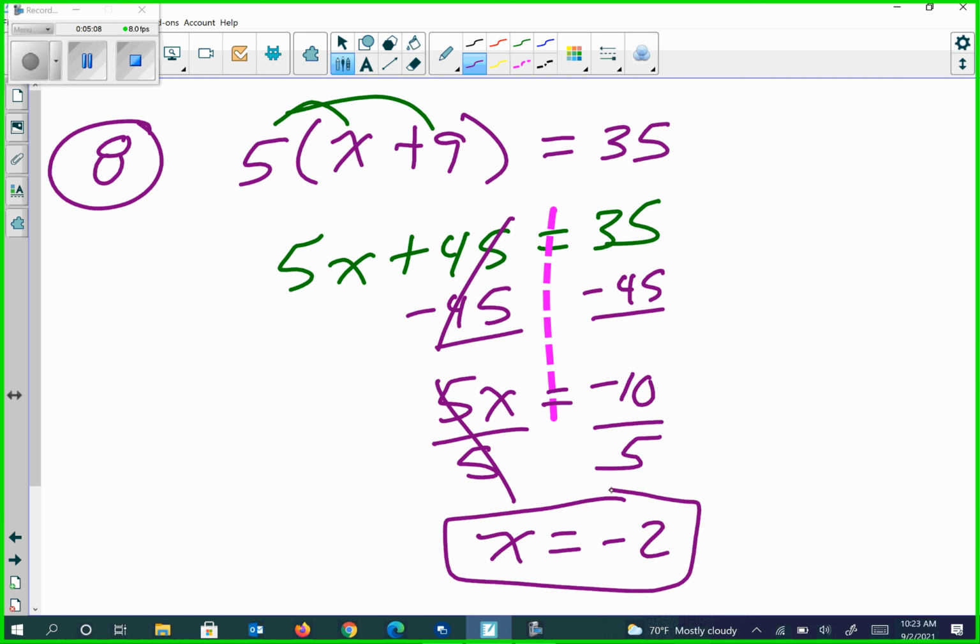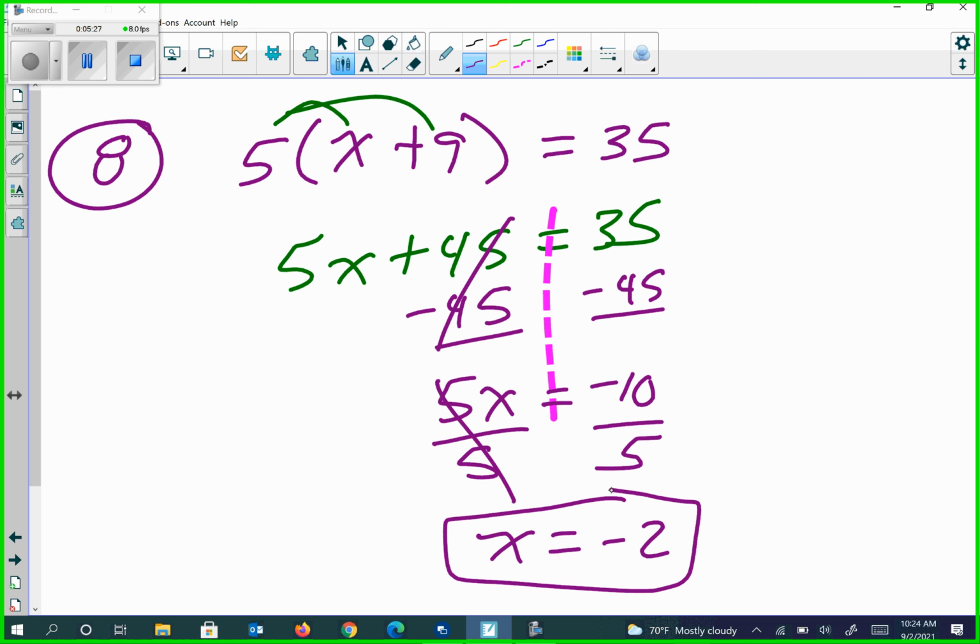And problem number 9 says the sum of 3 times a number and 6. The sum of 3 times a number. So the difference between that and the one above says 5 times the sum. So we're doing 5 times whatever the sum is.